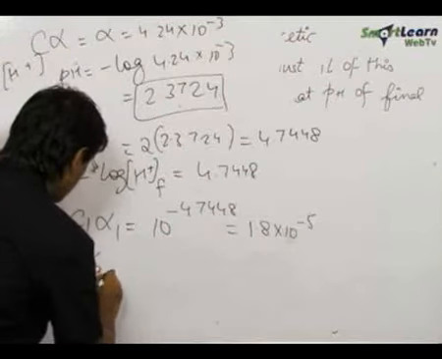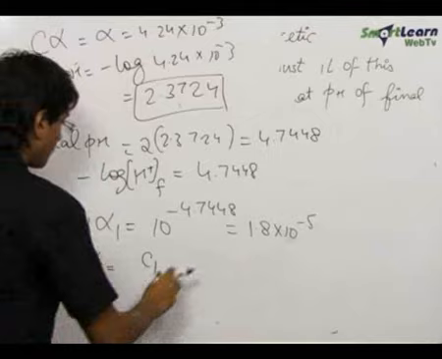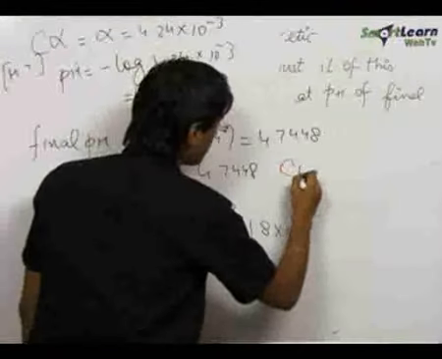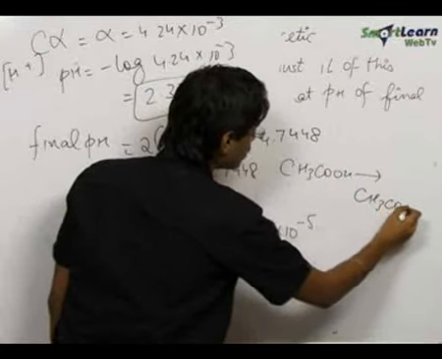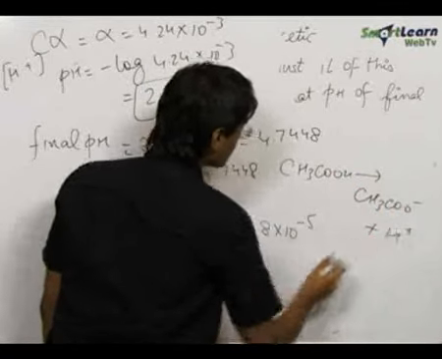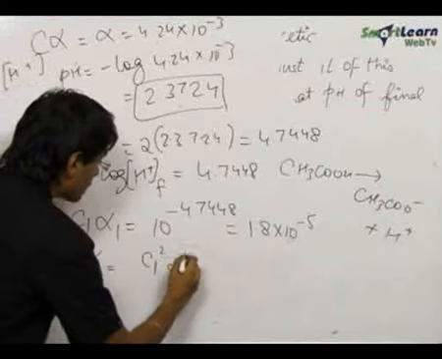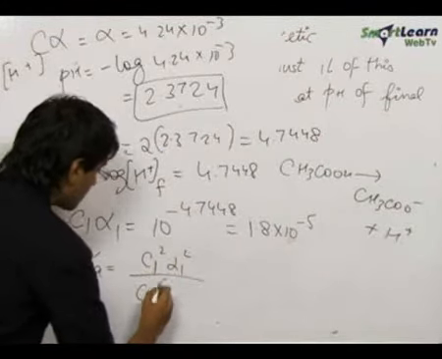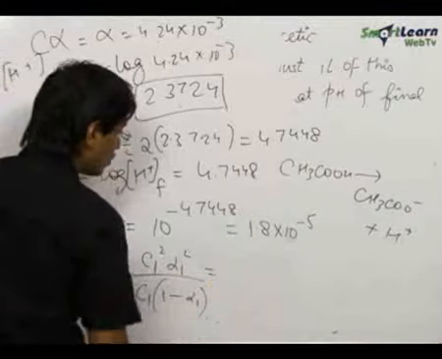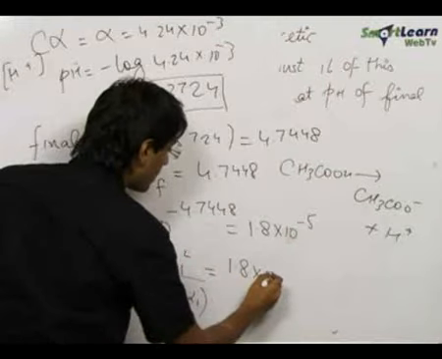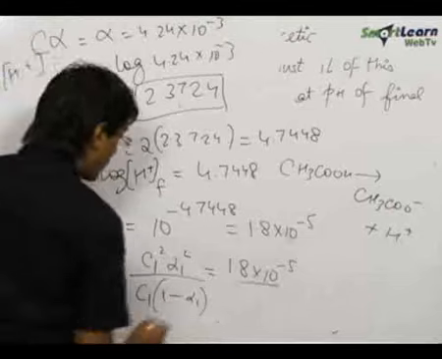Now our Ka is equal to, writing the equation again, CH3CO2H giving CH3CO2^- plus H+, C1^2 alpha 1^2 divided by C1(1 - alpha 1), and this is equal to 1.8 × 10^-5, since the value of Ka is given to be 1.8 × 10^-5.